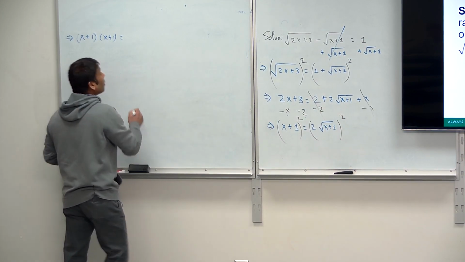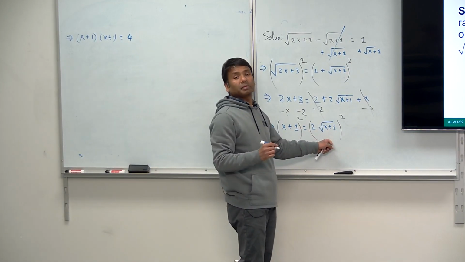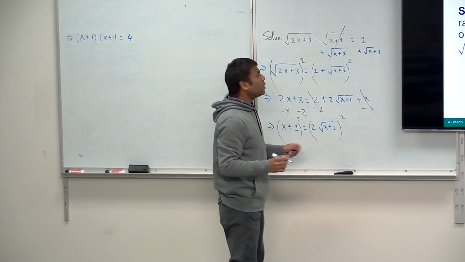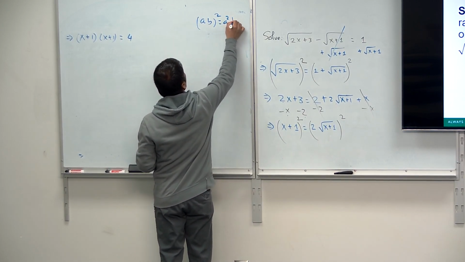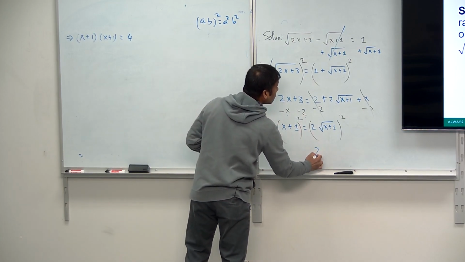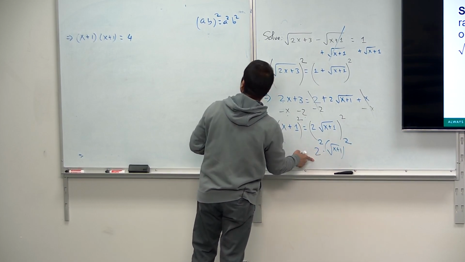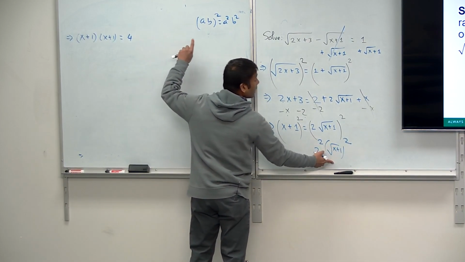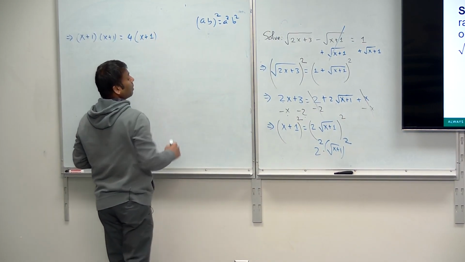So this is 4. And what is radical x plus 1 squared? You know that if you have a times b squared, this is the same as a squared b squared. So now this is the same as 2 squared times radical x plus 1 squared. And 2 squared is 4. Radical x plus 1 squared is simply what? X plus 1.